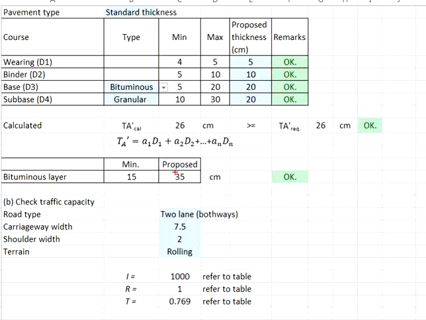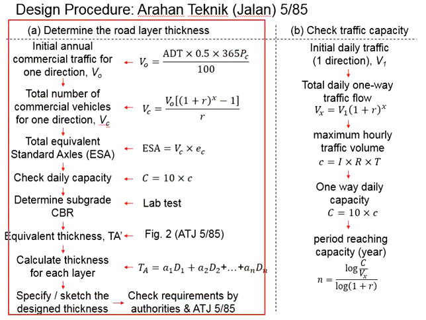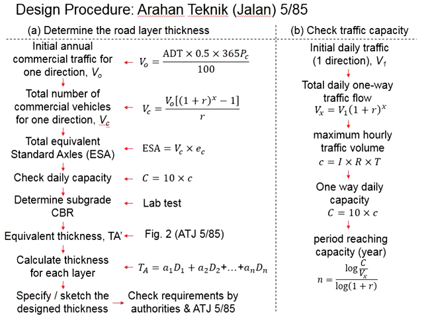In this case, the proposed bituminous layer is 35, which is more than the minimum of 15. Coming back to the wet mix, the proposed is 15 cm versus the minimum requirement of 15 cm. That means the proposed thickness of the road is suitable. With that, this completes the part of designing the thickness of the road layers.